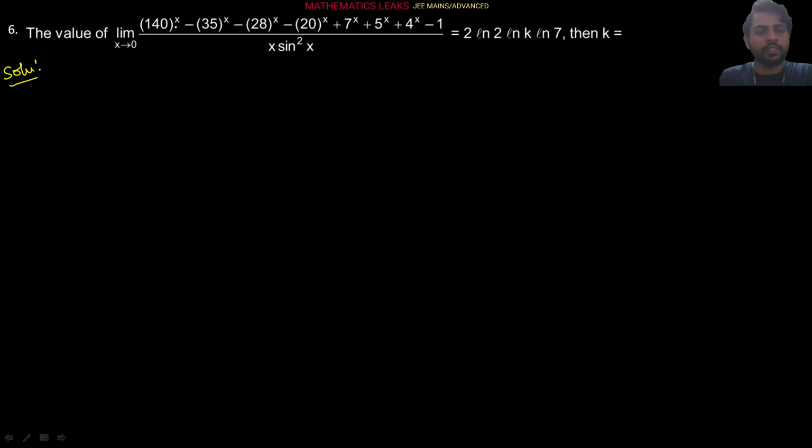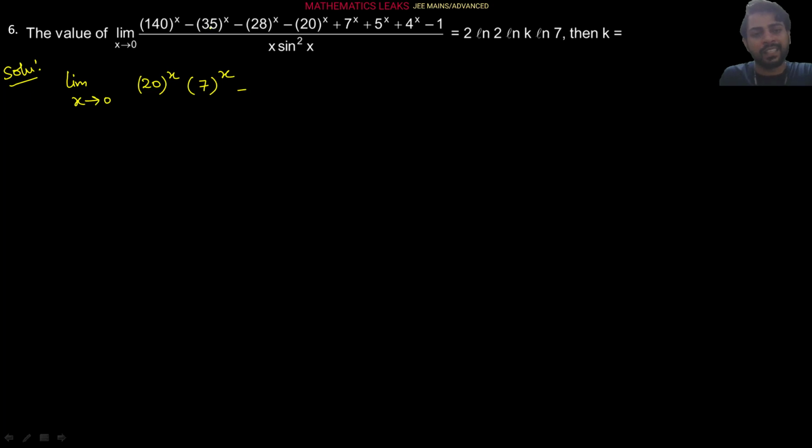So 140 to the power x, we can easily write down as limit x tends to 0. 140 means 20 into 7, so 20 to the power x into 7 to the power x.